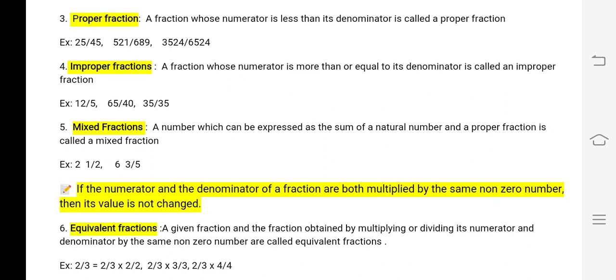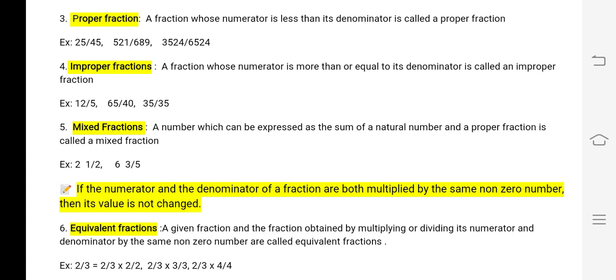Their value will always be equal to or greater than 1. For example, 12 by 5, 65 by 40, 35 by 35.